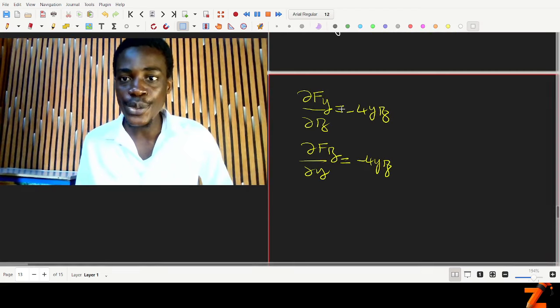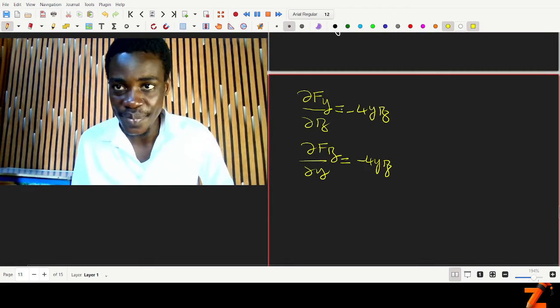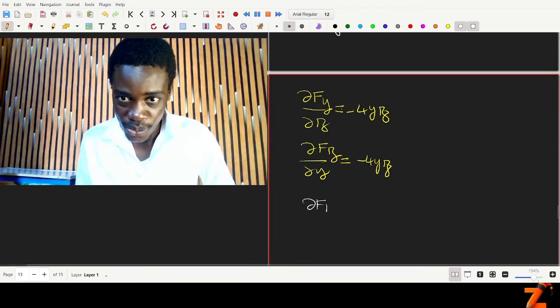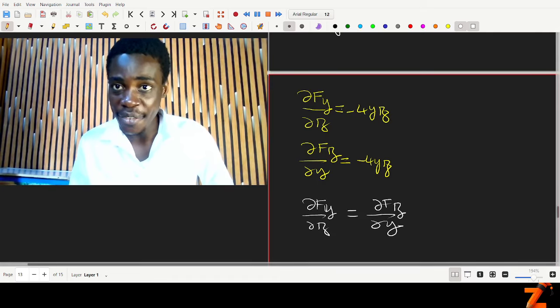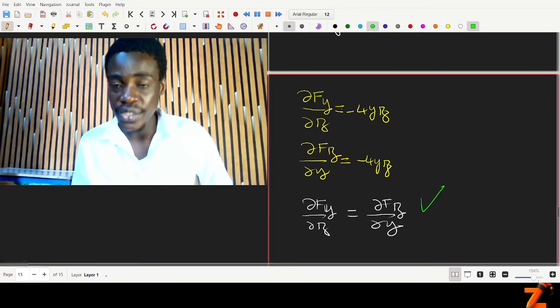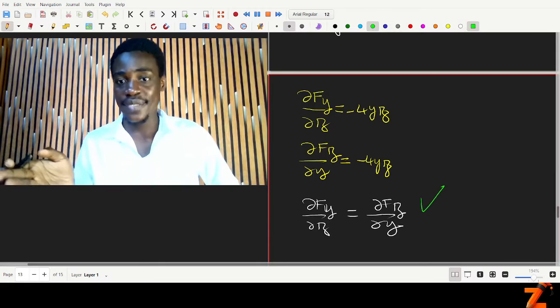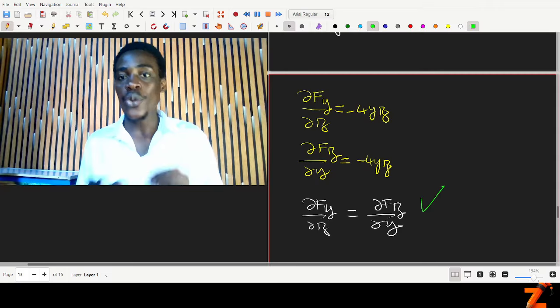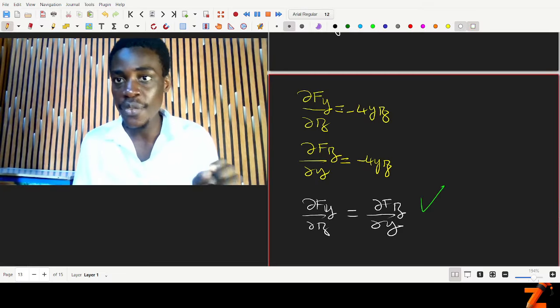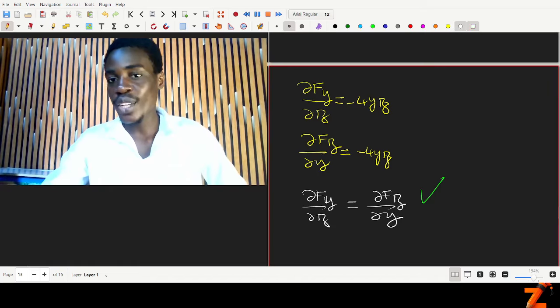So I have also the final equality, as expected. The derivative of fy with respect to z equals the derivative of fz with respect to y. So I have the third equality. Three equalities are verified. I can conclude that f derives from a potential.